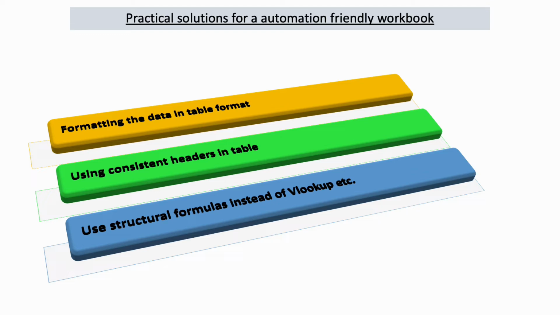You use consistent headers in that table for that data, and then you should use structural formulas instead of the regular VLOOKUPs or any other lookup function that you may be using, like XLOOKUP or anything of that kind.